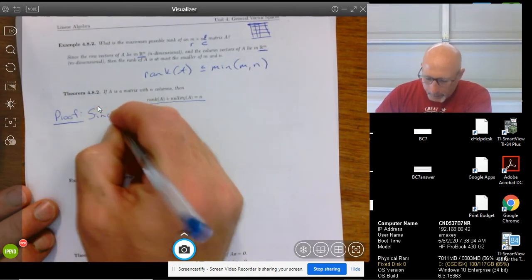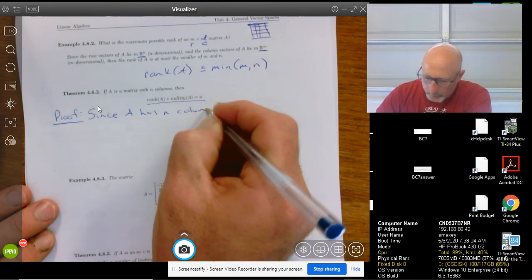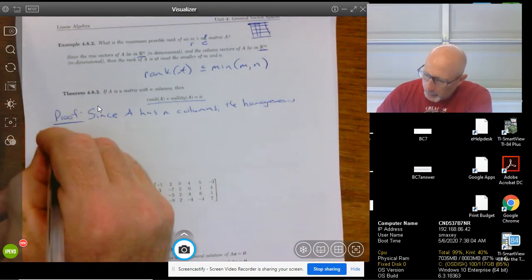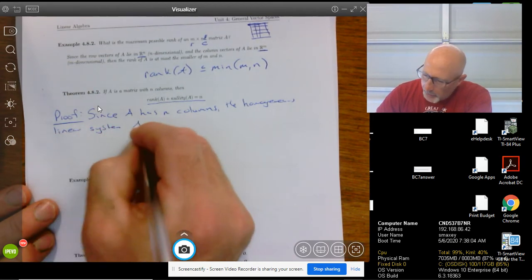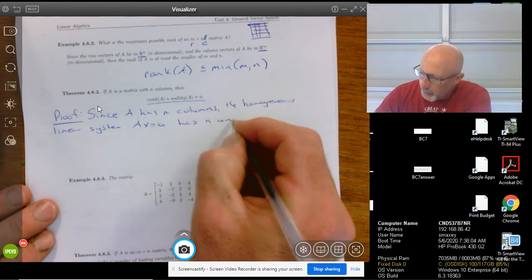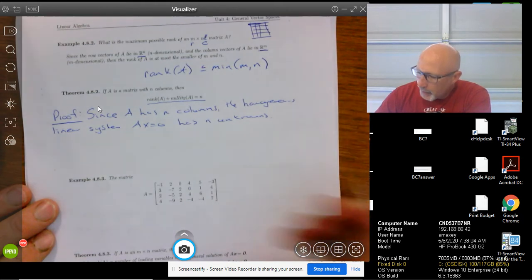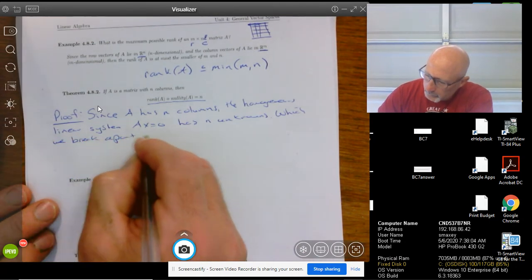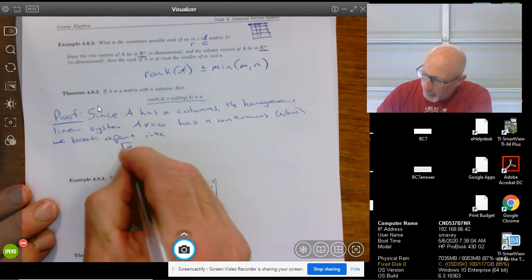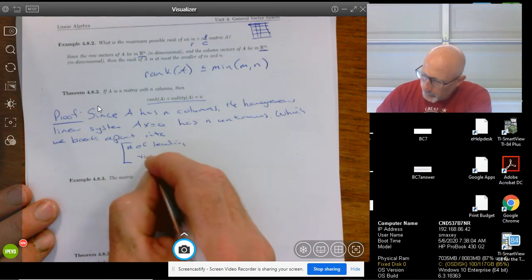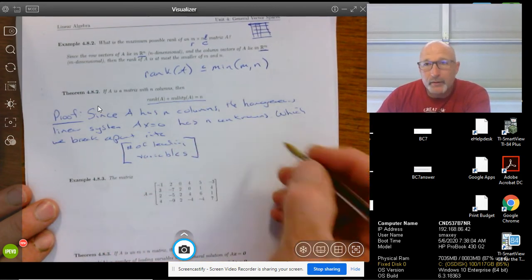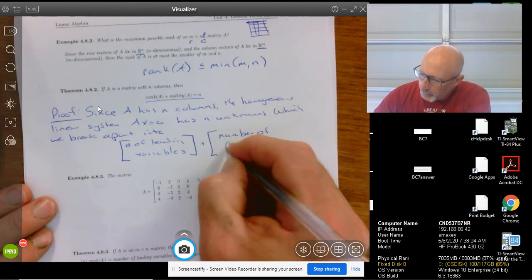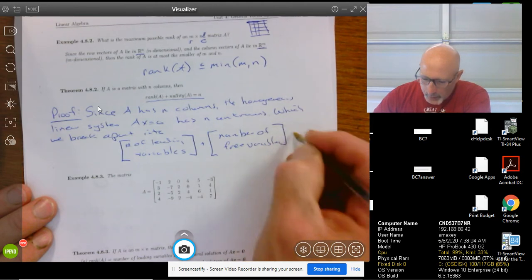Since A has n columns, then the homogeneous linear system AX equals 0 has n unknowns, which we can break apart into the number of leading variables, and in the prior example that was x1 and x2, plus the number of free variables, and that has to be equal to n.